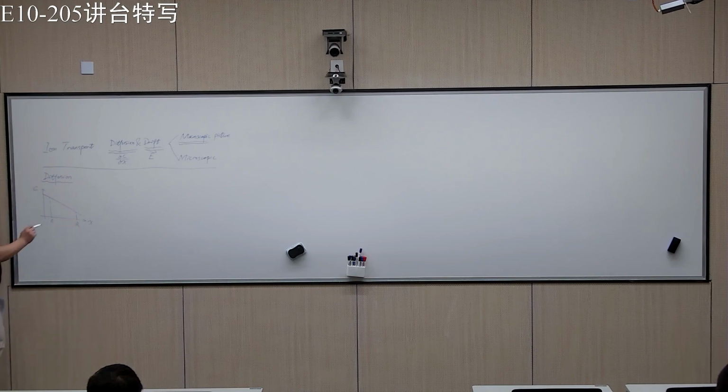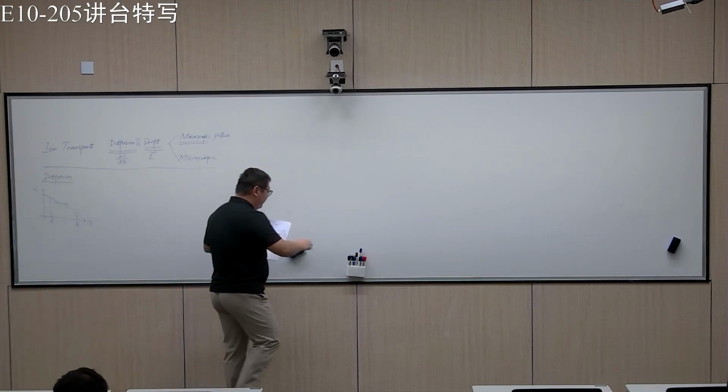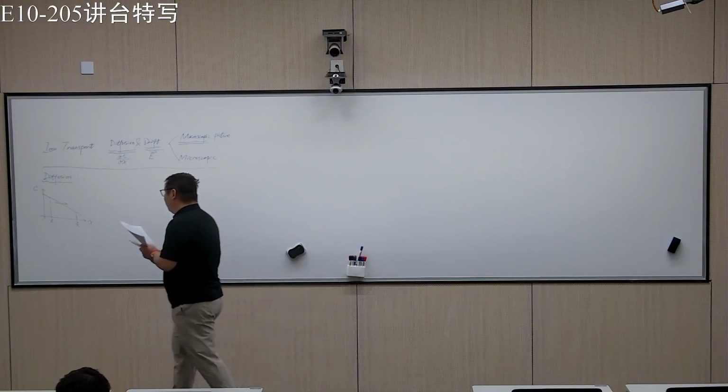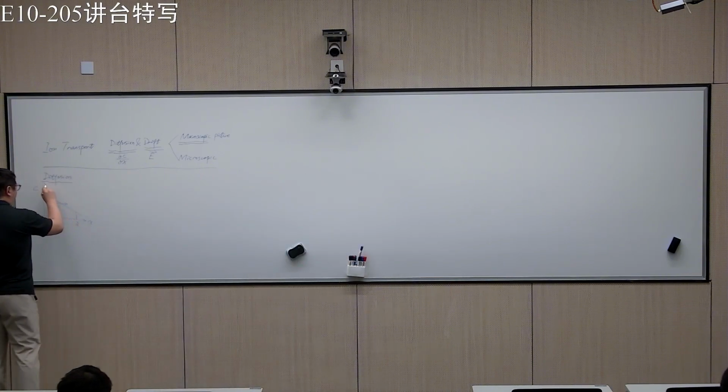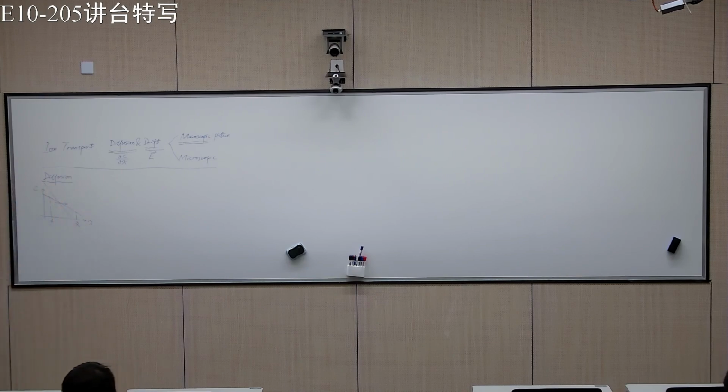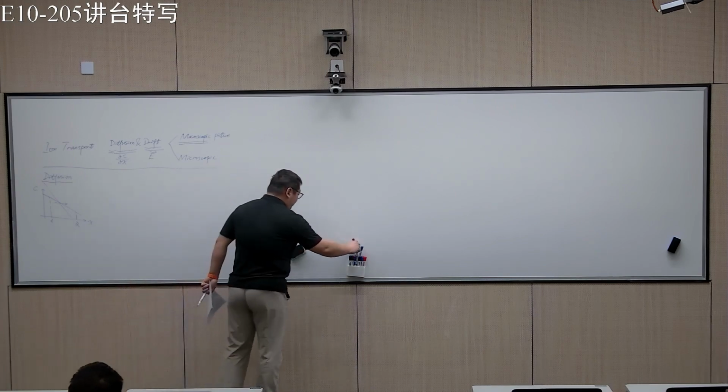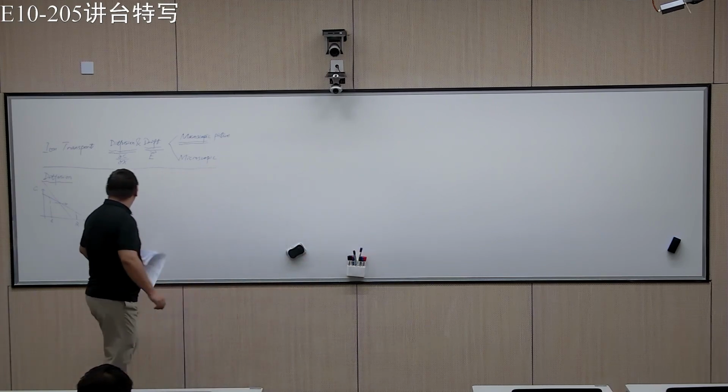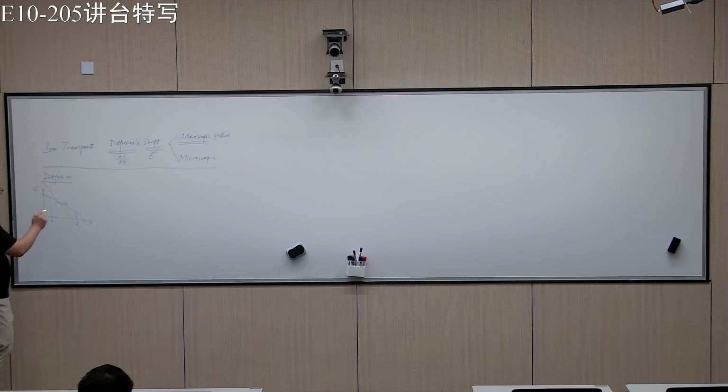Then there will be a driving force for the ions to diffuse from position 1 to position 2. If I further increase the gradient, making it steeper, then of course there will be a larger driving force to diffuse from position 1 to position 2.